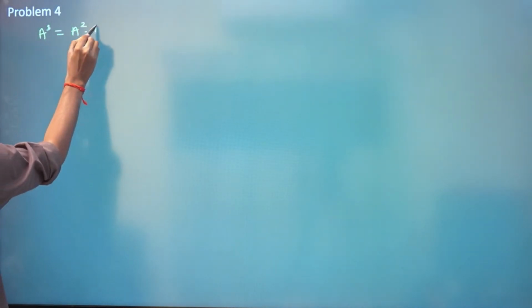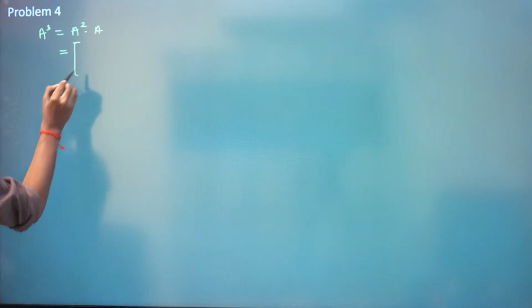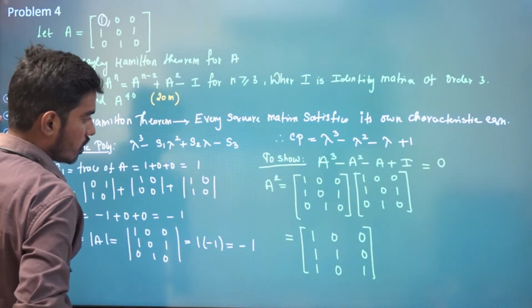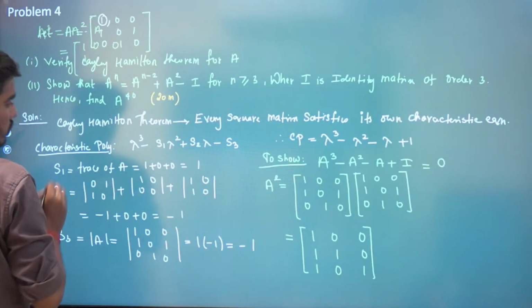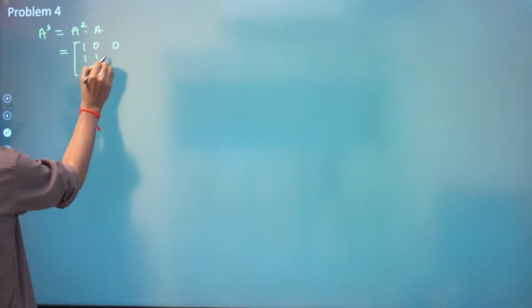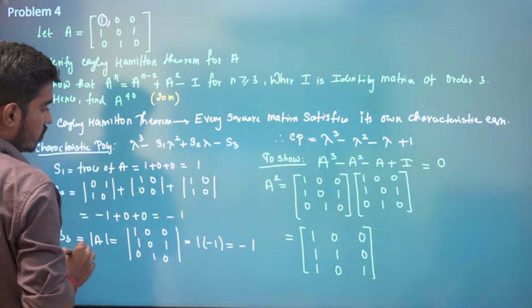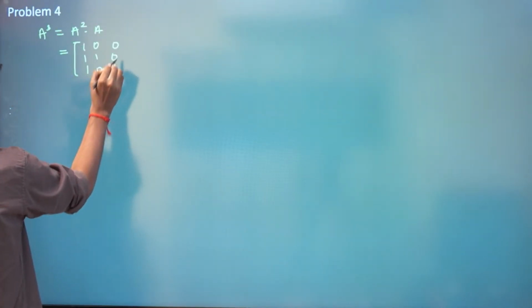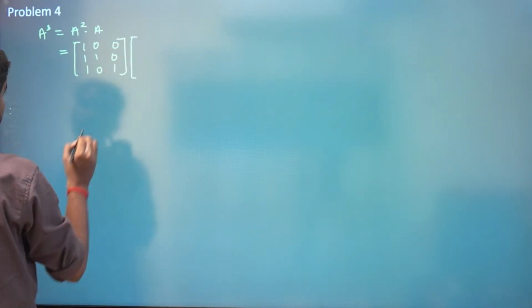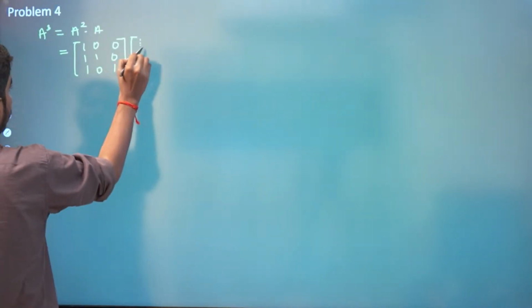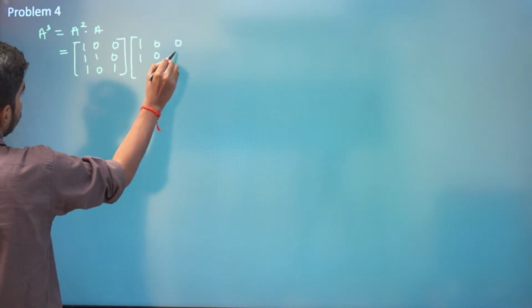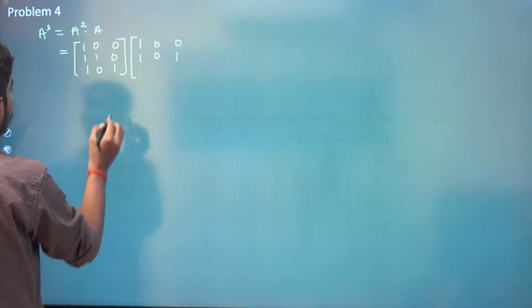It is A square into A. So A square is 1 0 0, 1 1 0, 1 0 1, multiplied by A again. A is 1 0 0, 1 0 1, then 0 1 0.